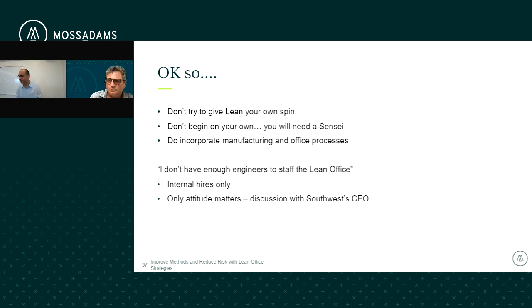I think if you follow the classic Lean, you will get the entire benefit. By giving Lean or Lean Office your own spin, you are adding complications to your own process.